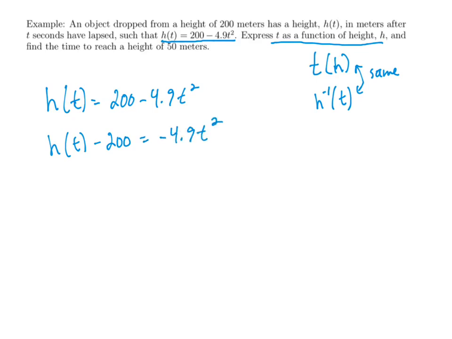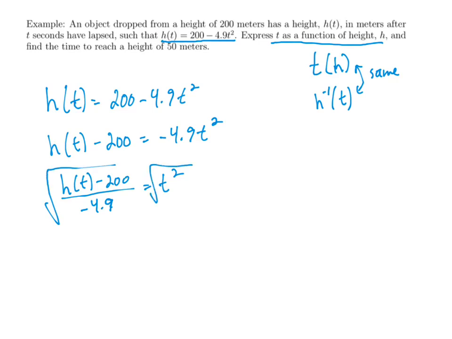Then we're going to divide by negative 4.9 on both sides. That's equal to t squared, and then we'll take the square root to get t by itself. So t is the square root of h of t minus 200 divided by negative 4.9.